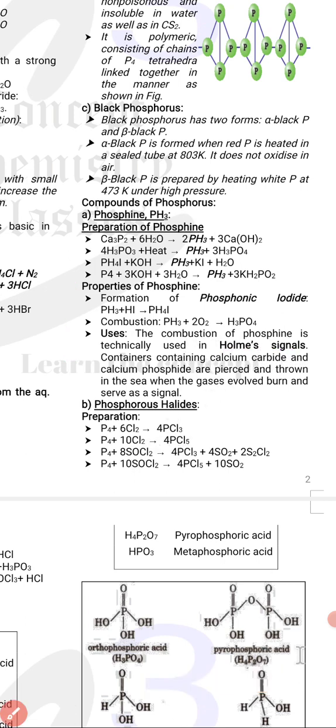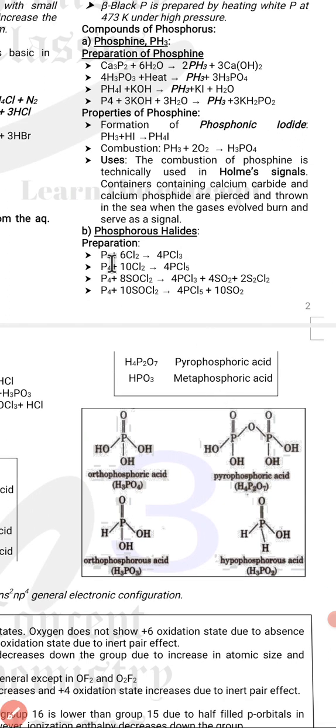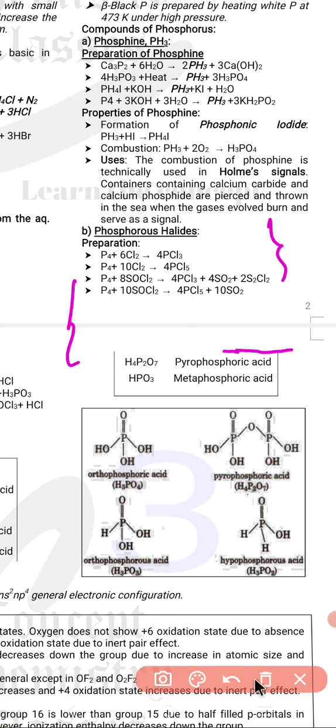Okay, next important point is compounds of group 15 elements, phosphorus halides. In phosphorus halides, for example, I can just write PCl3 and PCl5, right?